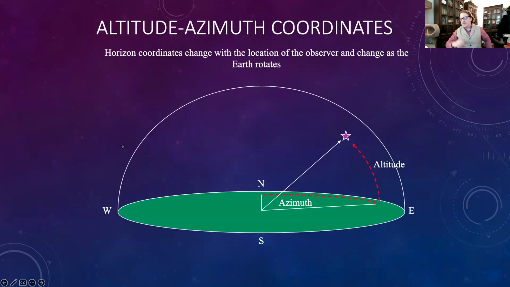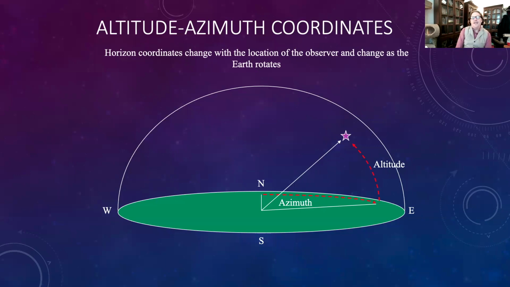So, altitude, azimuth. Like I said, basically two angles. One angle is, you have a star or an object in the sky. How far above the horizon, that angle is what we determine as our altitude, or the altitude of that object.